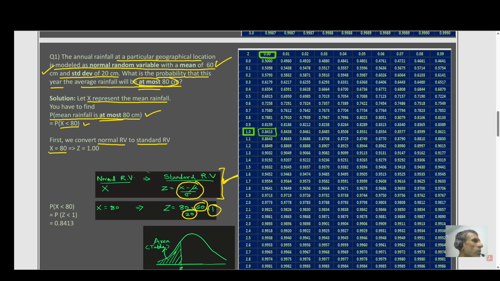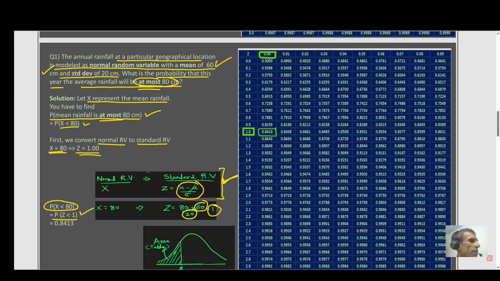So X equal to 80 is mapped to Z equal to 1. Now the problem statement becomes: the probability that X is less than 80 is the same as the probability that Z is less than 1, because X equal to 80 has mapped to Z equal to 1. Now you know how to find this one.